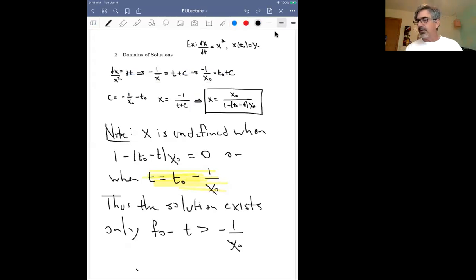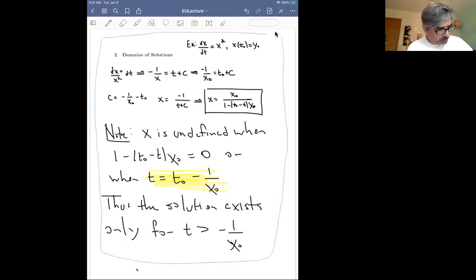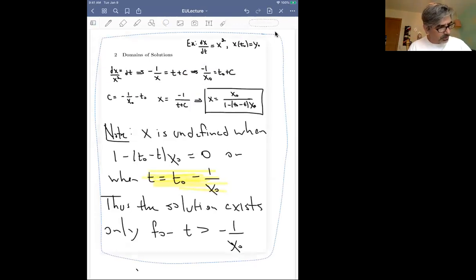It's helpful to talk about another example really quick here. Again, I am going to erase this stuff, so if you need it, pause the video for a second.